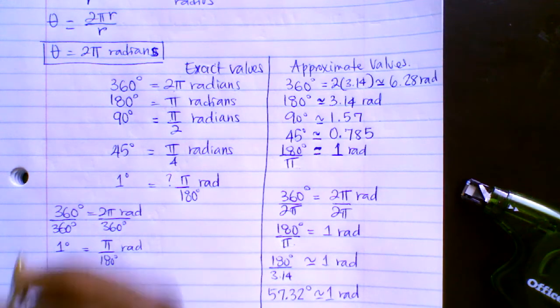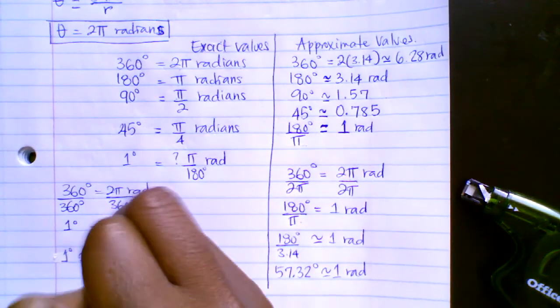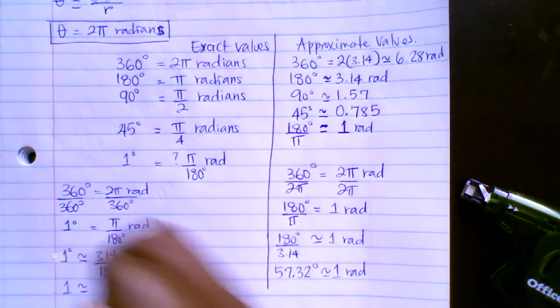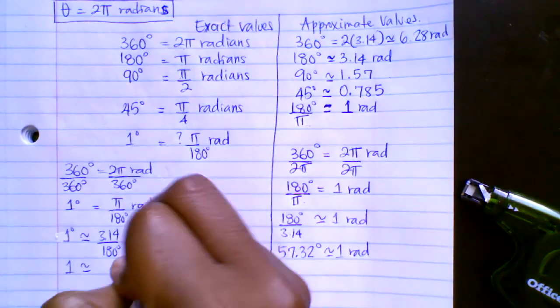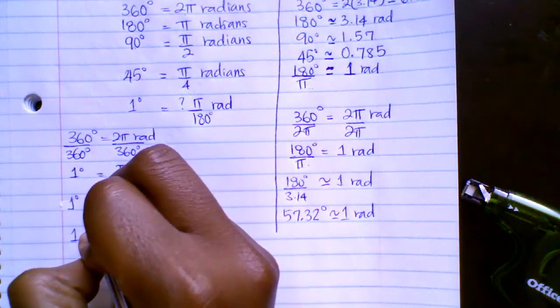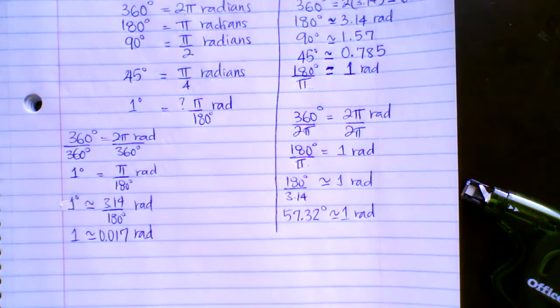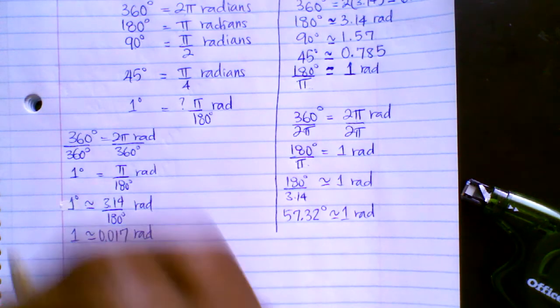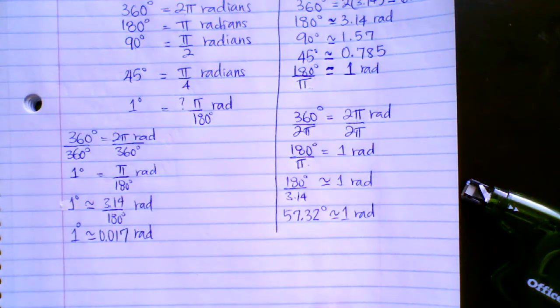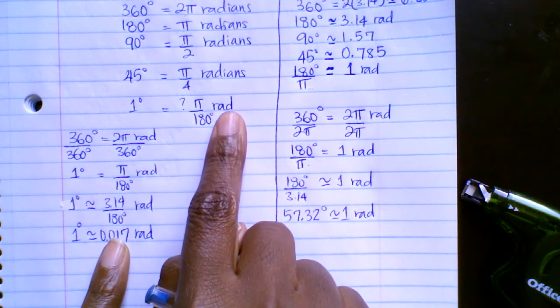Now, if I want to approximate 1 degree in terms of radians, I do 3.14 divided by 180, which is 0.017 radians for 1 degree. I'm just showing the approximation. For 1 degree, the exact value is pi over 180 radians.